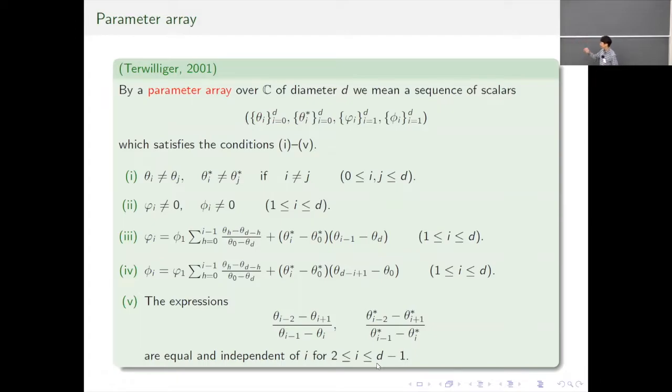In the last condition, these 2 quotient expressions, (theta_{i-2} - theta_{i+1})/(theta_{i-1} - theta_i) and its dual version, are equal to each other, and this quantity is independent of i. When the sequence of scalars satisfies these 5 conditions, we call this sequence a parameter array over C. Using this parameter array concept, Terwilliger classified all Leonard systems.